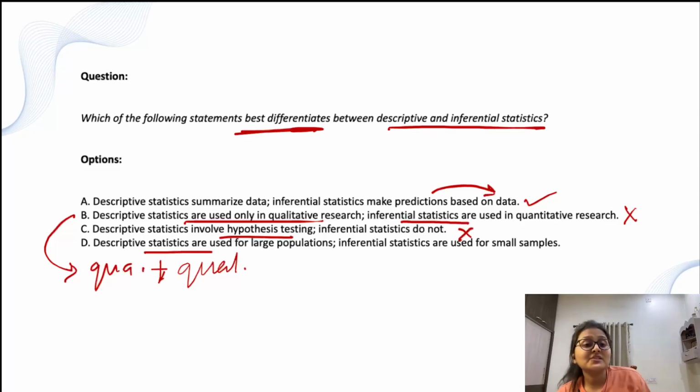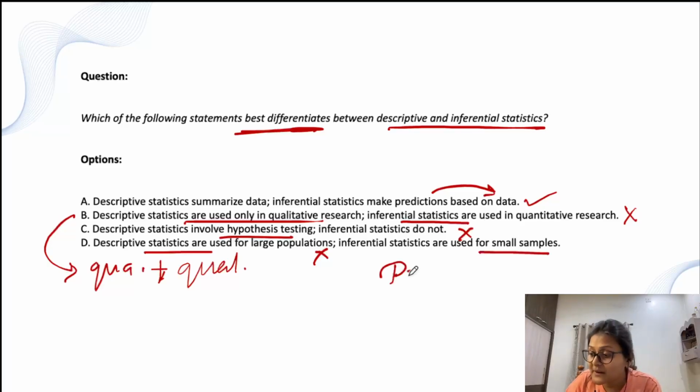Inferential statistics are used to make predictions or generalizations about the larger population based upon the sample that is drawn. Right? So descriptive statistics can be used for the larger population as well as for the smaller population. Now, this part is wrong: inferential statistics are used for small samples. Right?